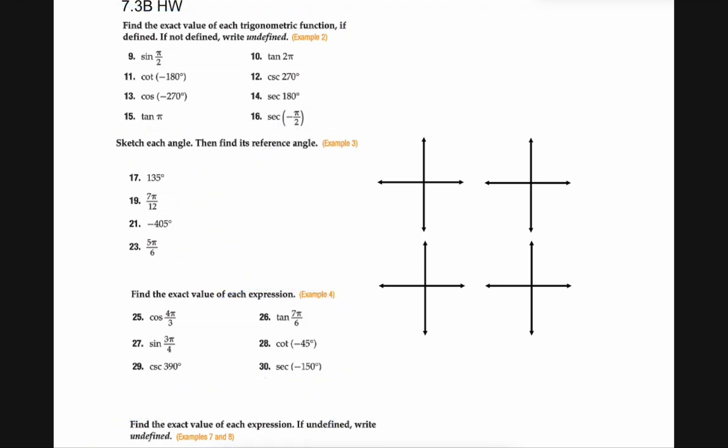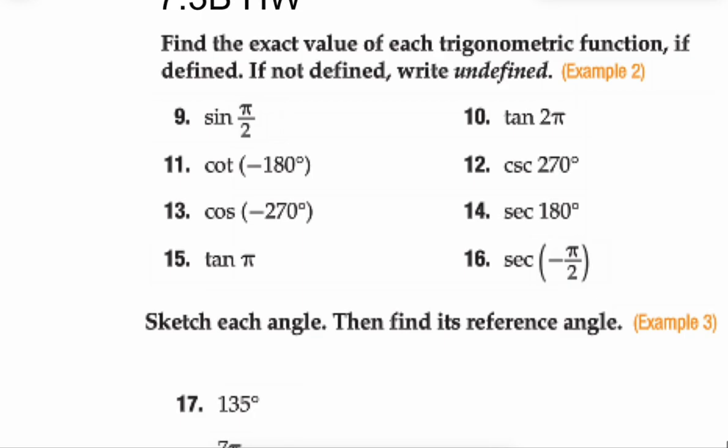But here's what I want to see on your paper. I don't just want to see the answer, because you can look at your neighbor's paper who might have done it the night before and just write all those down. I at least want you to write the following. For pi over 2, number 9, please first give me the point at that location.